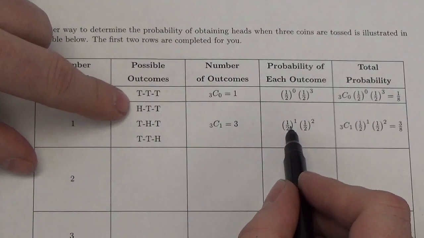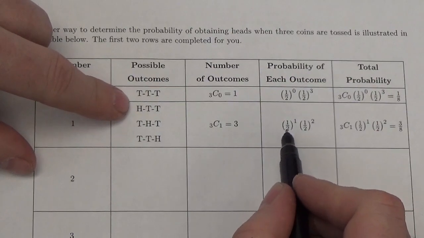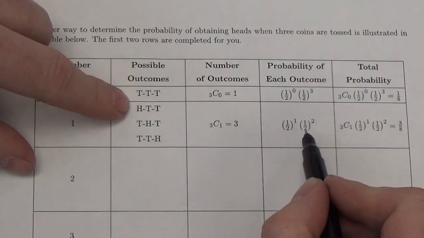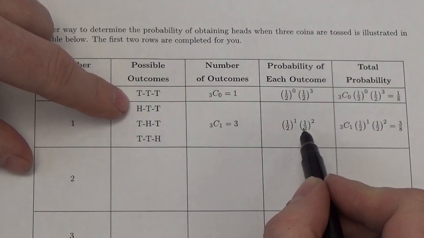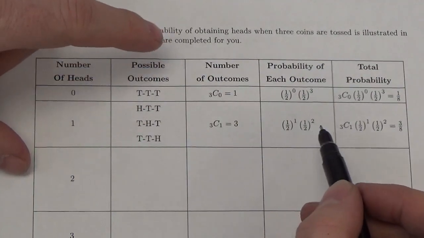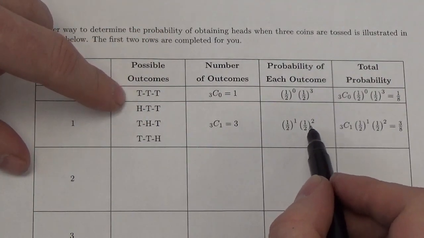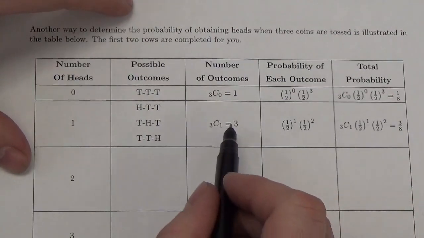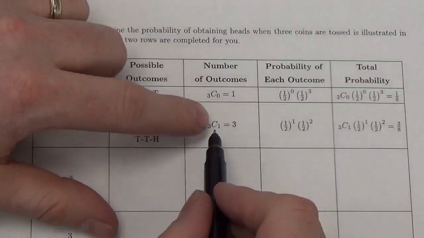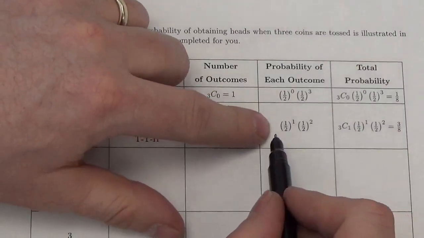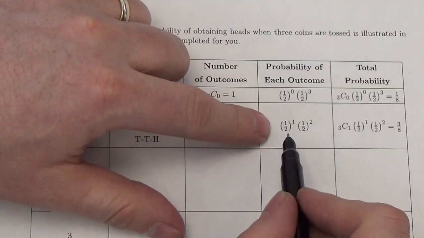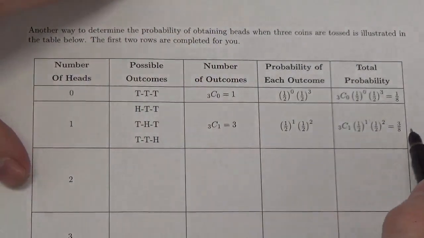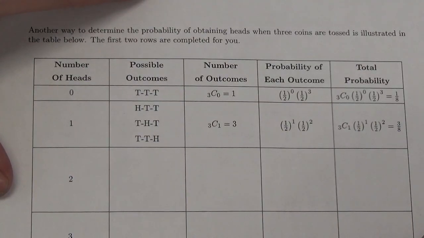Well, the probability of getting a head on a coin is 1/2. This is the probability of not getting a head, maybe that's a better way of saying it, like getting a tail, but not getting a head. And there's going to be 2 of those. So now what we do is we multiply the number of ways this event can occur by the probability that each of those events occurs, and we're going to get 3 out of 8.